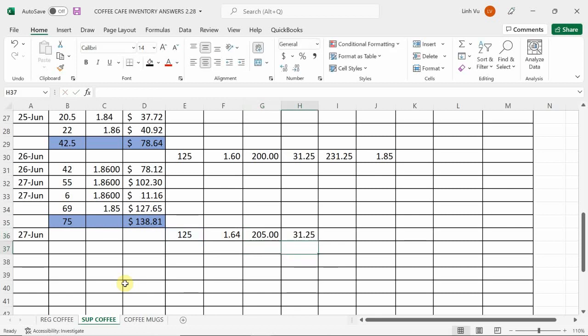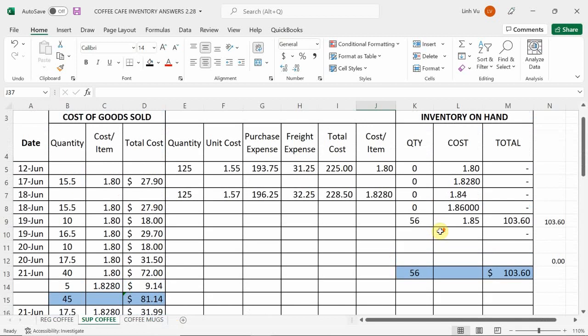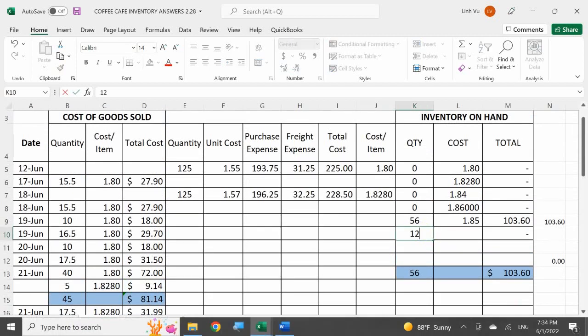Plus the freight of $31.25 gave me a grand total of $236.25. So in this case, because I have to keep my batches separate, I calculated this to be $1.89.